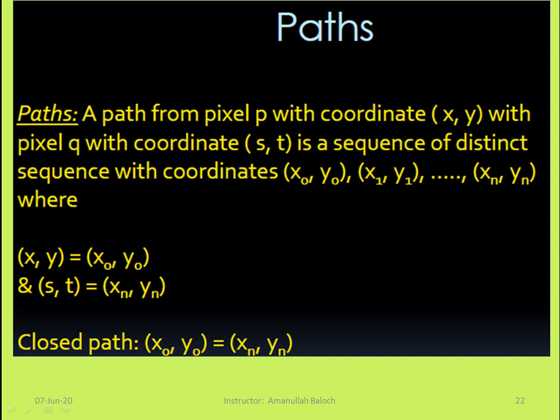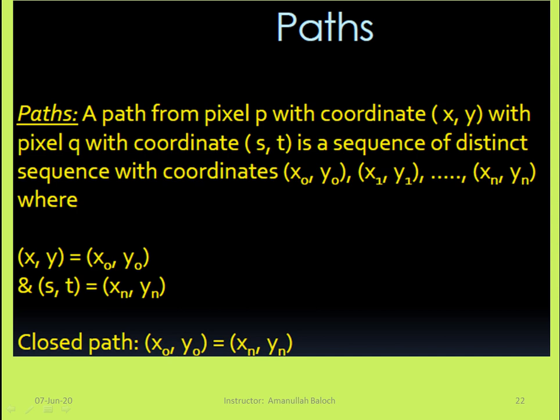According to this path definition, the starting pixel is considered as x, y, which is x0, y0, and the ending pixel is considered as s, t, which is xn, yn.